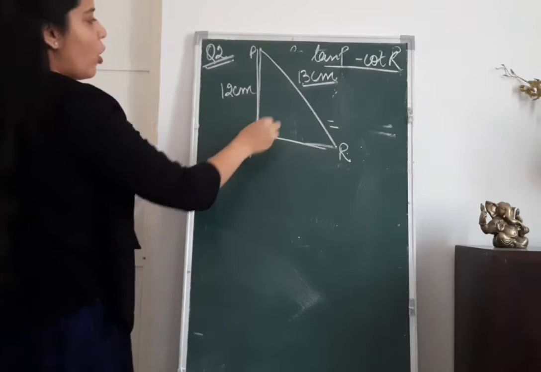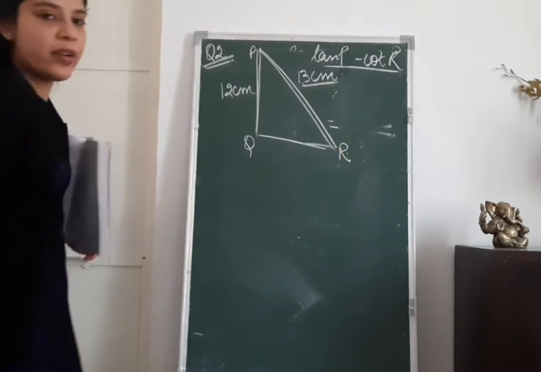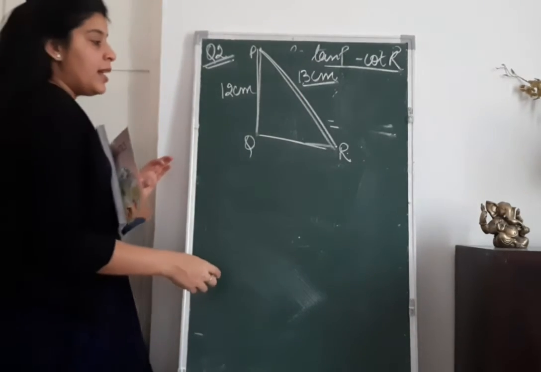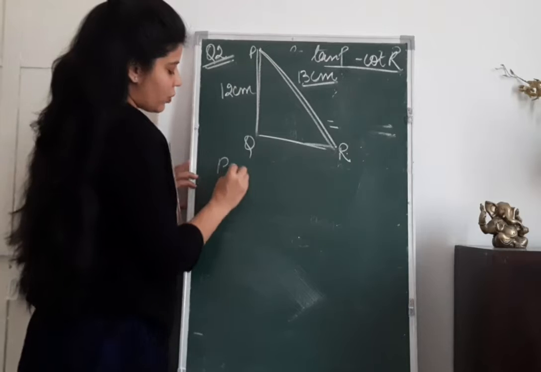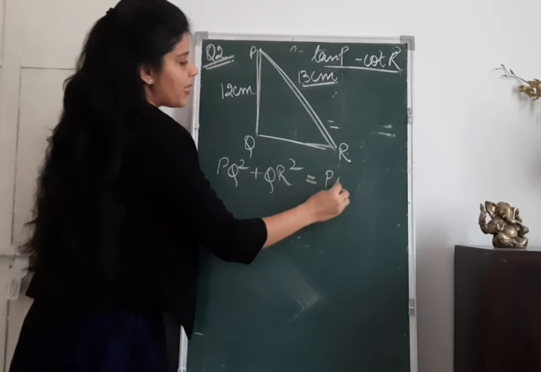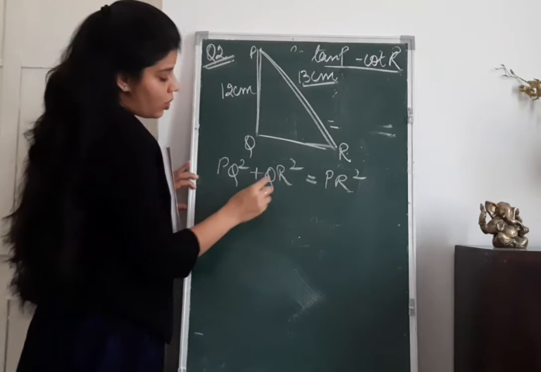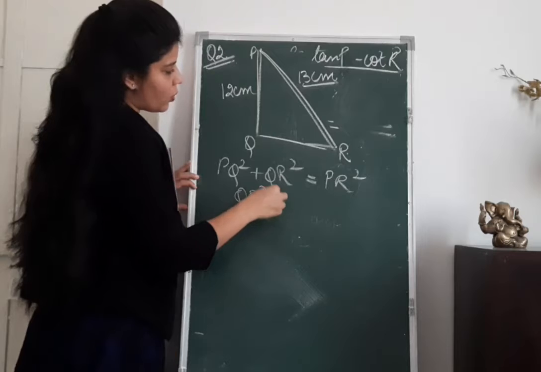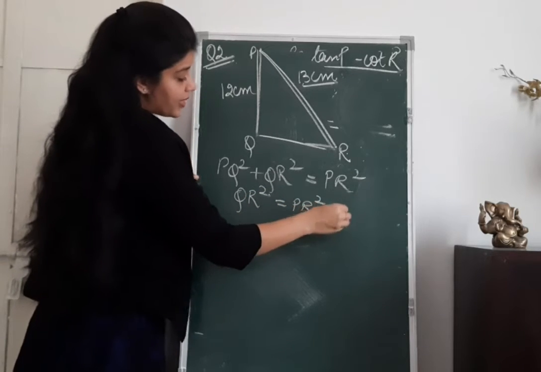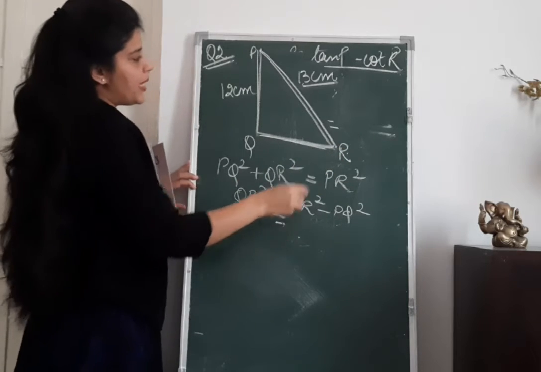So let us find out all the sides of the triangle so that whatever values we need here are already available to us. So using Pythagoras theorem, can I say PQ square plus QR square is equals to PR square? Right? So I can say QR square will be equal to PR square minus PQ square, because this is what is missing. What is PR?